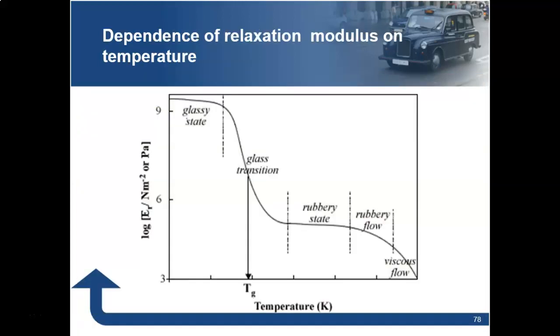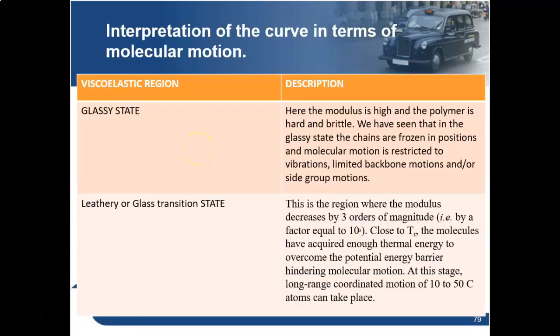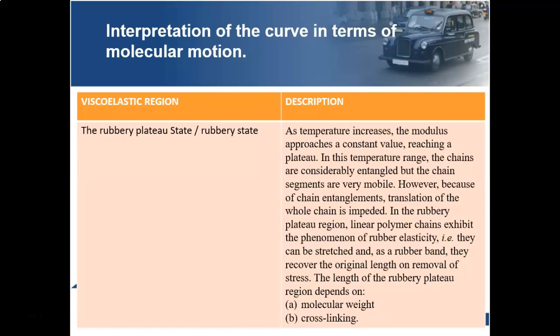Okay, we look at the rubbery state, reaching a plateau. In this temperature range, the chains are considerably entangled, but the chain segments are very mobile. So the length of the rubbery plateau region depends on the molecular weight and also the cross-linking.